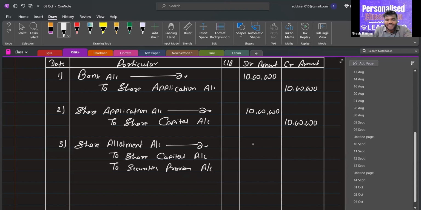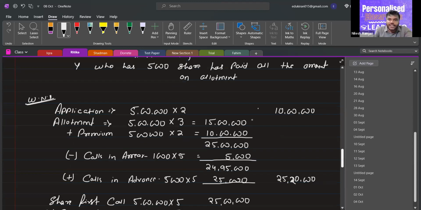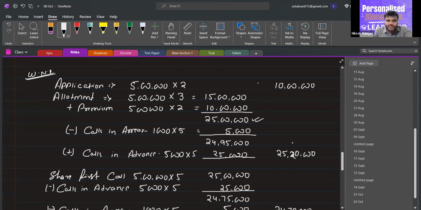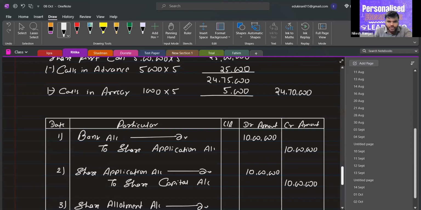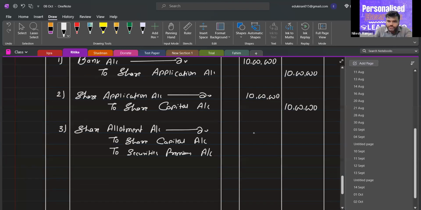Yes. So the total amount we need is 25 lakh. Yes, sir, because we will demand 3 rupees on allotment and 2 rupees for premium. So 25 lakh on allotment, and this is divided into 15 lakh for share capital and 10 lakh for securities premium.